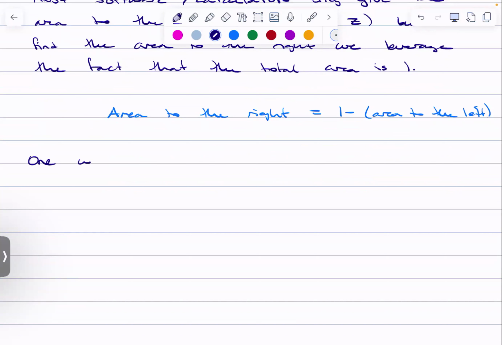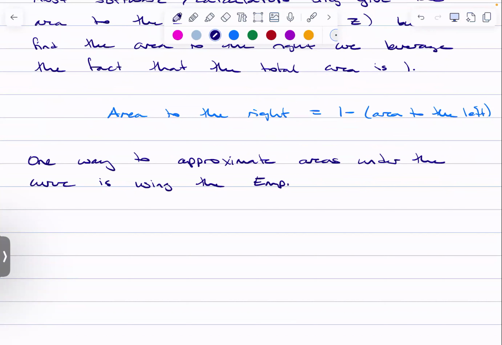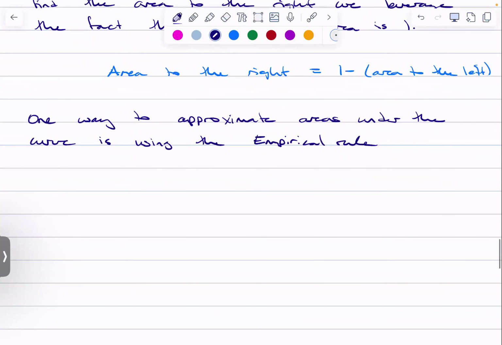So one way to approximate areas under the curve is using the empirical rule, or what's called the 68, 95, 99.7 rule.